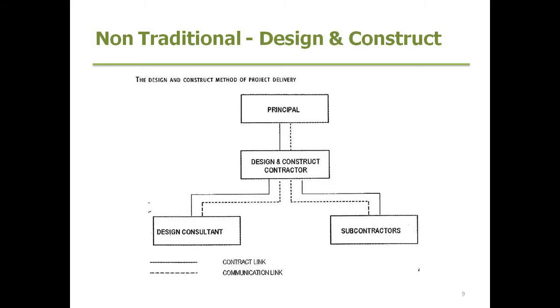Now let's move on to another form of non-traditional, the design and construct method of building delivery contract system. You can see here the design and construct contractor really has a lot of control over the process and the building delivery in this form of agreement.